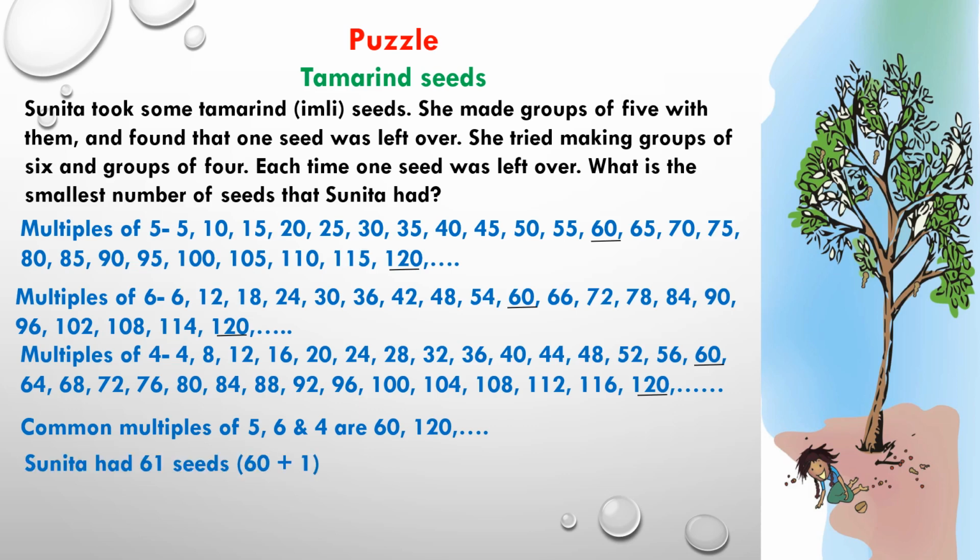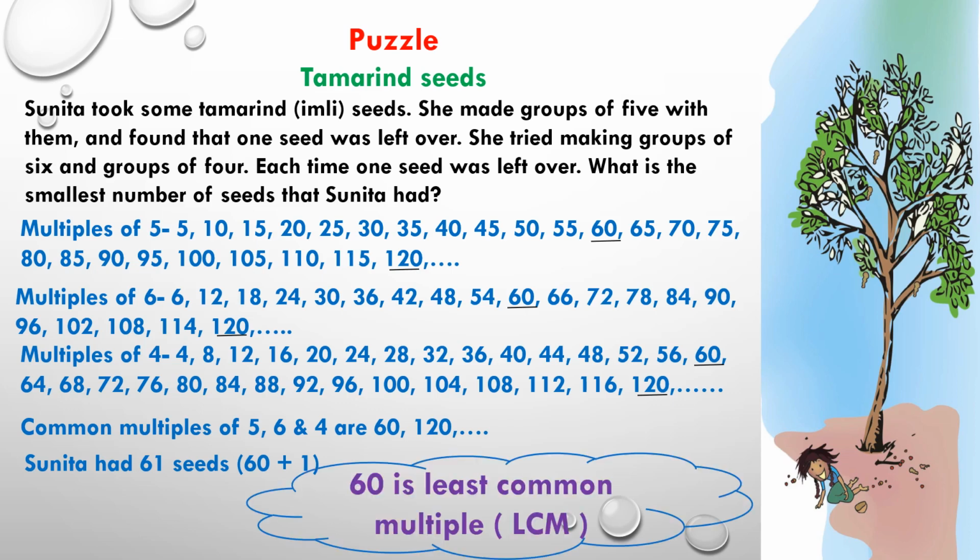Okay, and we found out the smallest common multiple. So smallest common multiple is also known as least common multiple or LCM. So here you have, I can say, multiples of 5, 6 and 4 have 60 as the least common multiple.